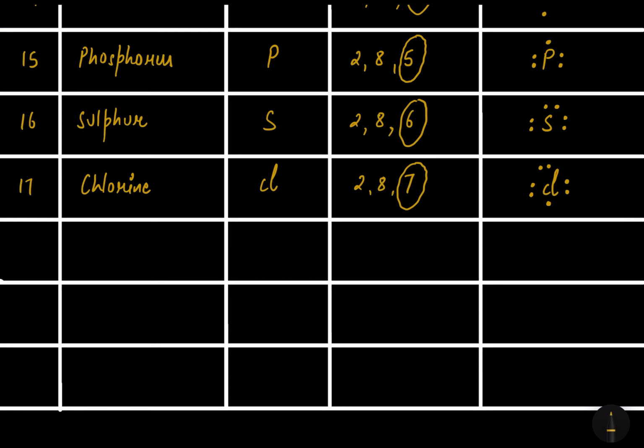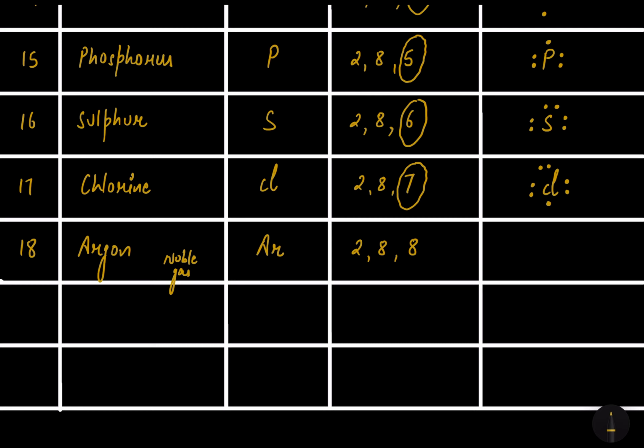Now let's come to the atomic number 18. That's again a noble gas, argon. Its symbol is Ar. The configuration comes out to be 2, 8, 8. So argon is a noble gas, that is, it is having a completely filled electronic configuration in the first 3 shells.